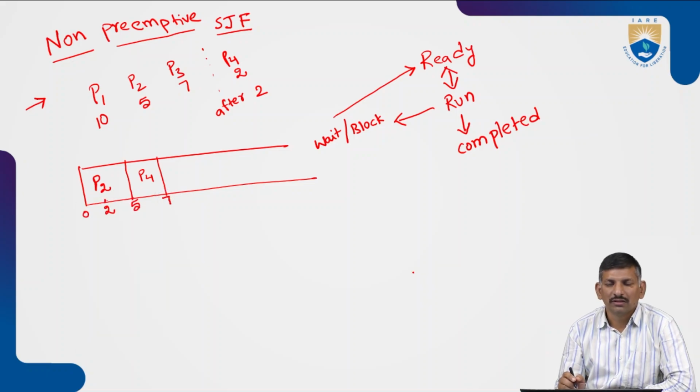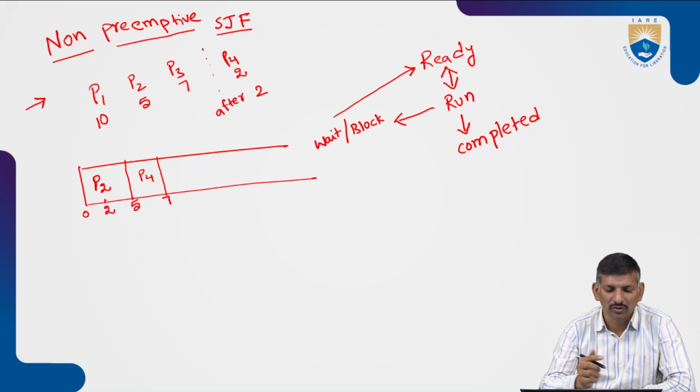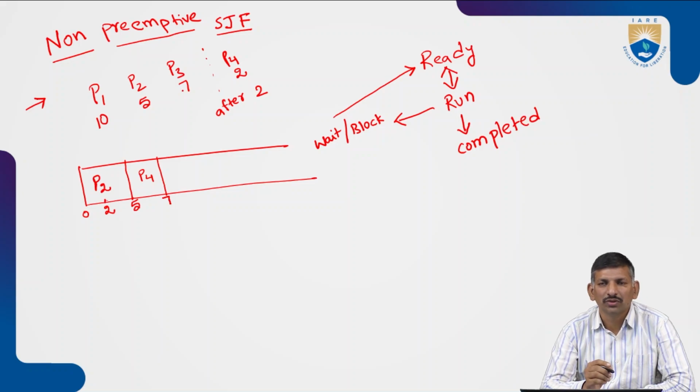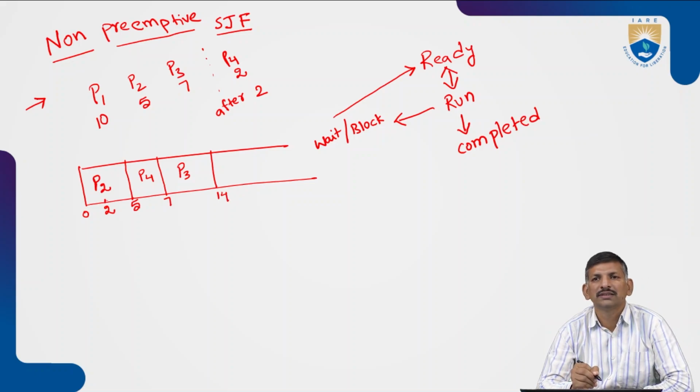Next, at the 7th millisecond, the scheduler checks the ready state for the processes waiting for CPU. P1 and P3 are available. Among them, P3 has less execution time. Its execution time is 7 milliseconds, so total 14 milliseconds.